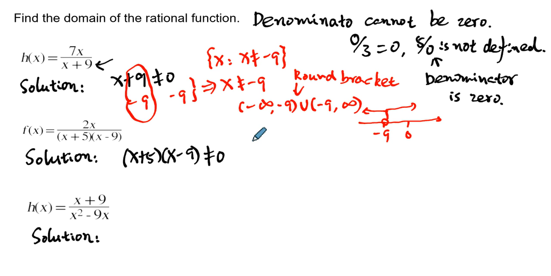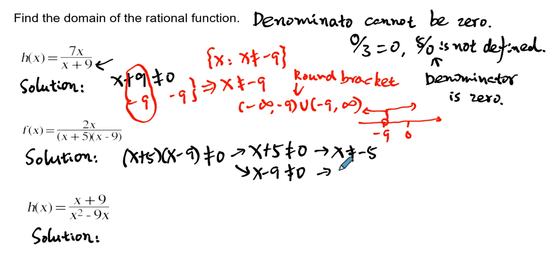Okay, and then it tells us x plus 5 cannot be 0, and x minus 9 cannot be 0. Similarly, from here you can get x cannot be negative 5, and x cannot be positive 9.